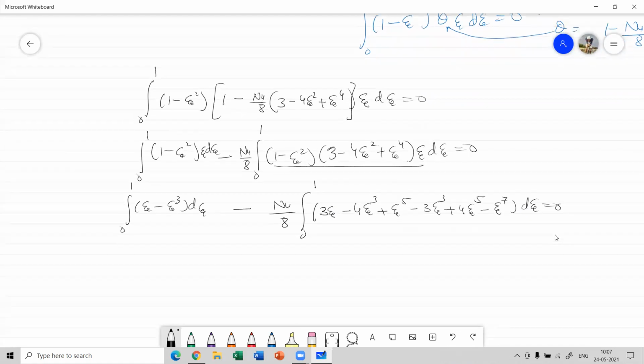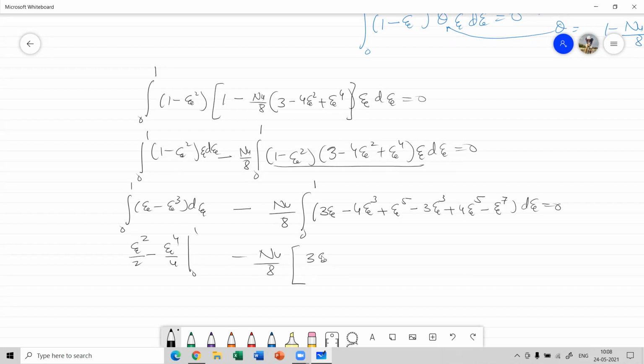Now integrate it. Upon integration, this will be zeta square by 2, zeta 4 by 4, from 0 to 1, Nusselt number by 8.